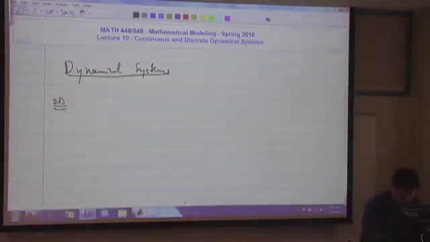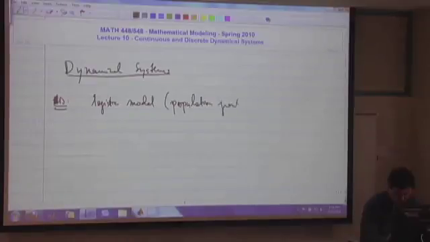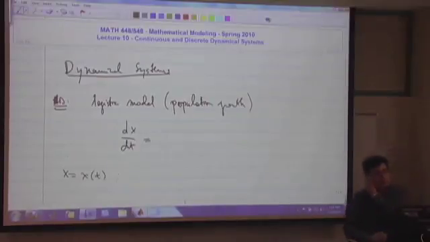Okay, so I'm going to start by giving you an example of a 2D system. Well, 1D we saw last time. I said a 1D model would be a logistic model that usually comes from population growth. It says that if I have x as a function of t, it's monitoring the population at time t.